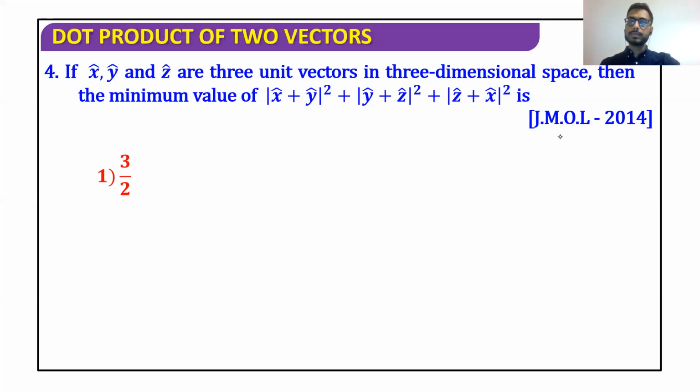However, to find the terms 2 into xy, 2 into yz, 2 into zx, we'll first need to find the value of those terms. And we can get the value of 2 into xy plus yz plus zx as we have got in the previous question by simply considering x plus y plus z is greater than or equal to 0 and then squaring on both sides.